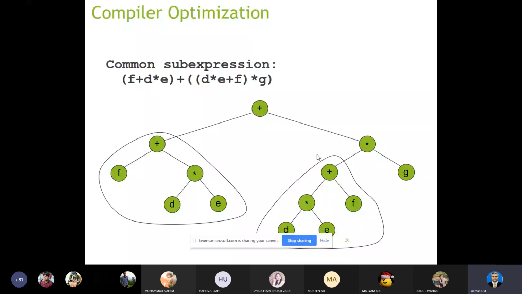This expression is represented here, and you can see it represented on a binary tree. I have already told you that we can represent expressions on binary trees, and this tree is called an expression tree. So there is a commonality in the expression.